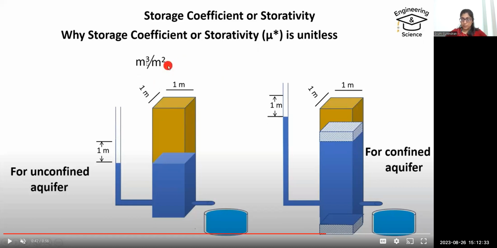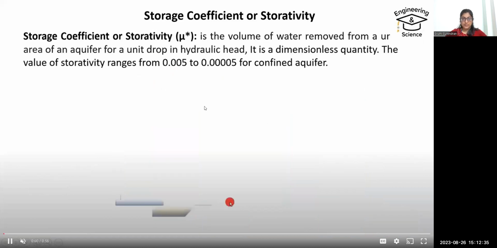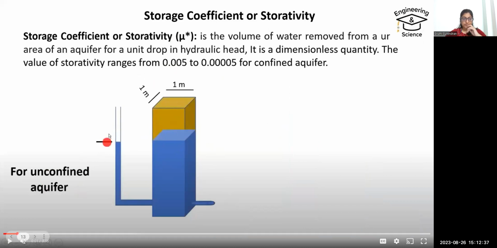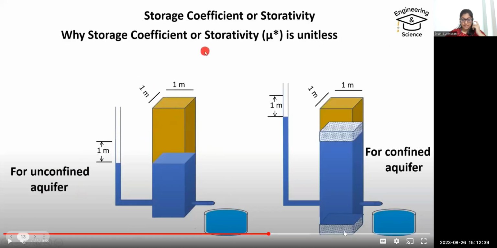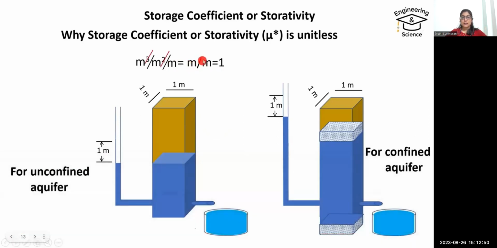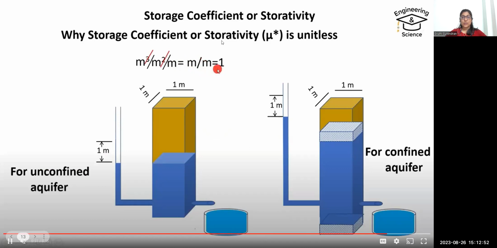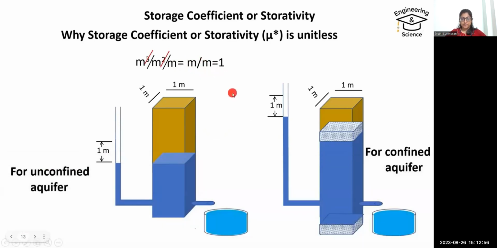So it will be meter cube per meter square per meter. Everything will get cancelled and it will become equal to 1. This is why this parameter, storage coefficient or storativity, is said to be dimensionless.